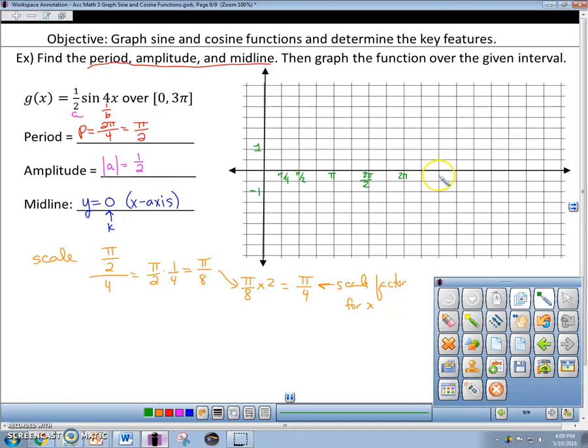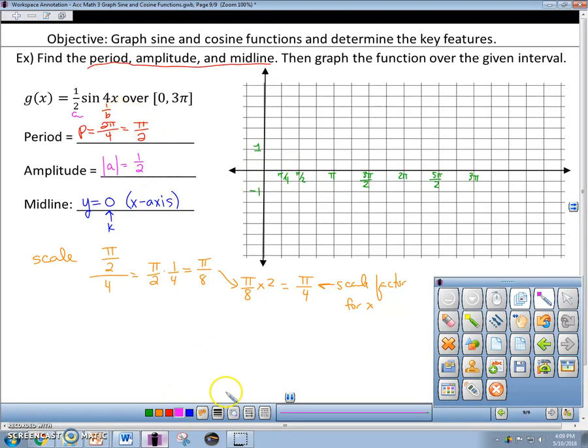This would be 10 pi 4ths, which would be 2 1/2 pi, so 5 pi halves. And then this would be the next one, and this would be my 3 pi. So basically you can see how every 2 units is 1/2 pi. That's 1/2 pi, 1 pi, 1 1/2 pi, 2 pi, 2 1/2 pi, 3 pi. So this is the interval over which we are graphing this sine function.